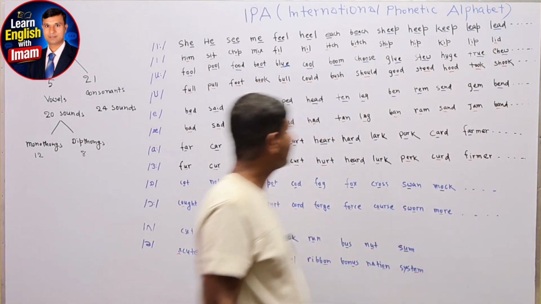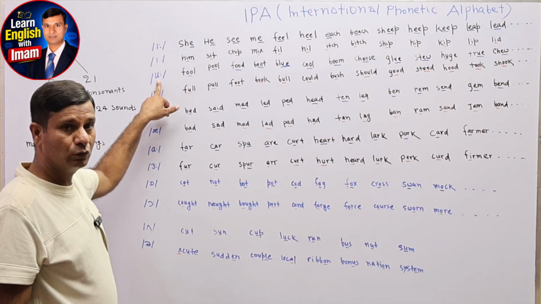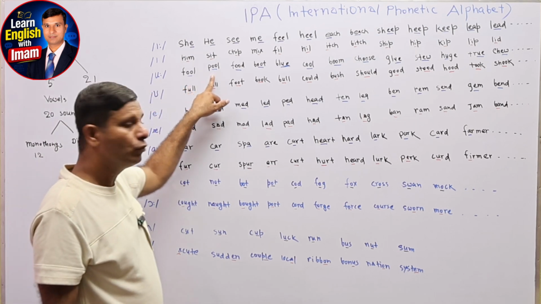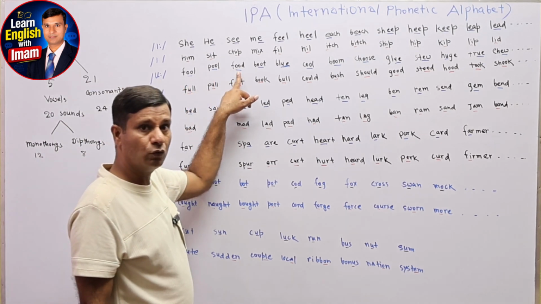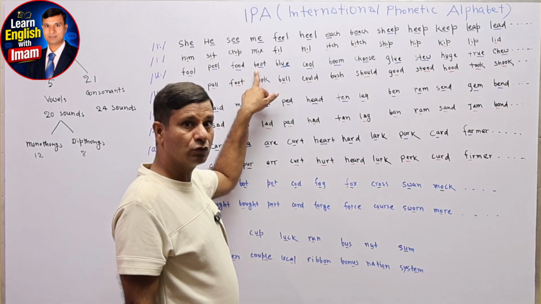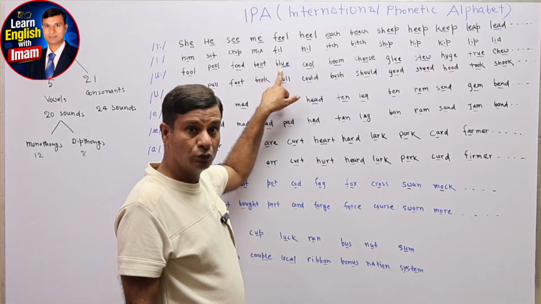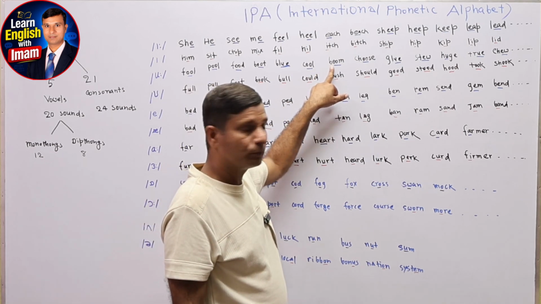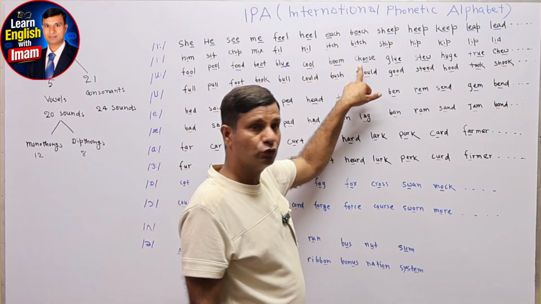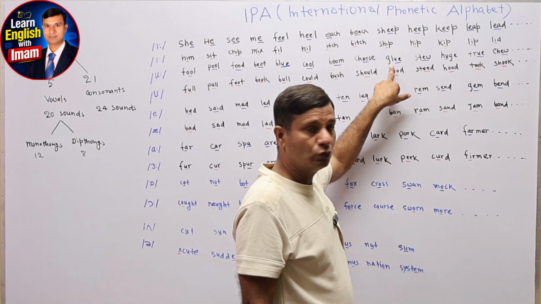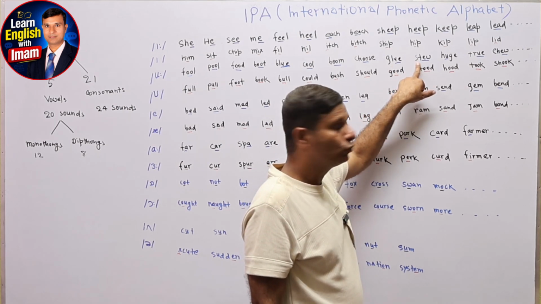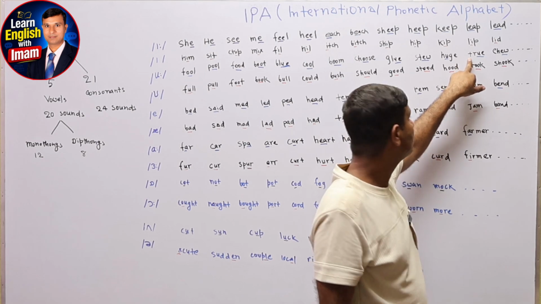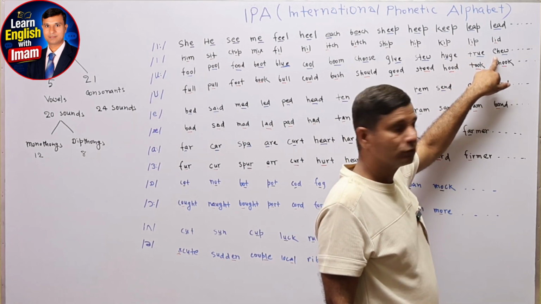Now we have the long ooh sound: fool, pool, food, boot, blue, cool, boom, choose, glue, stew, hues, true, chew.